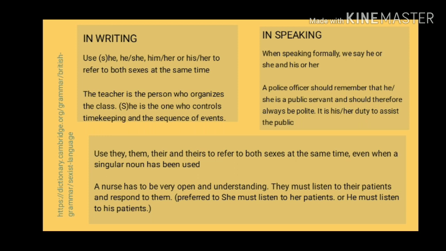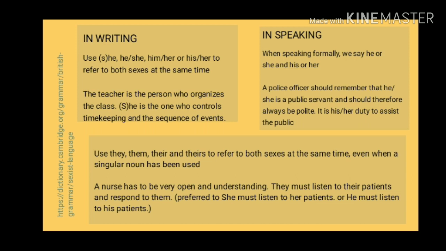And then we can also use they, them, their, and theirs to refer to both sexes at the same time, even when a singular noun has been used. Maybe it will be unacceptable for some people, right?